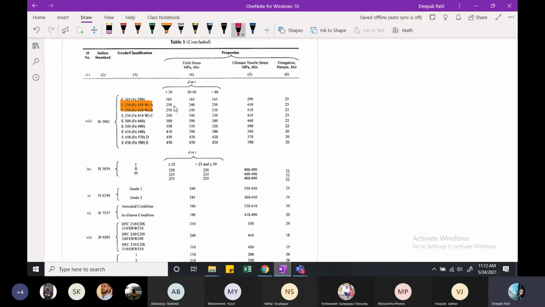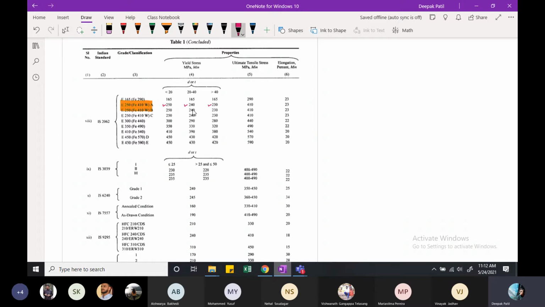If the thickness of flange, that is T, is less than 20, then you have to go for Fy equal to 250 itself. If it is in between 20 and 40, you have to go for the yield stress as 240. And if it is more than 40, then you have to go for yield stress of 230.